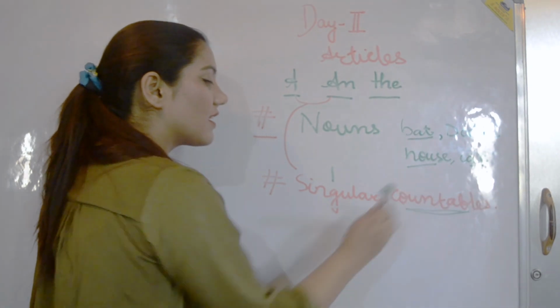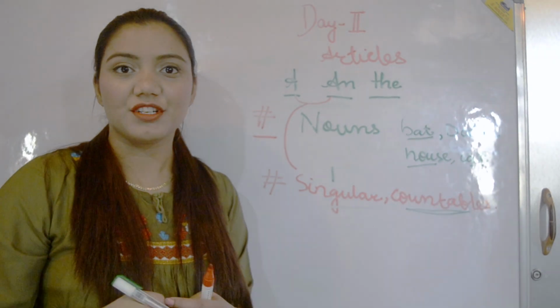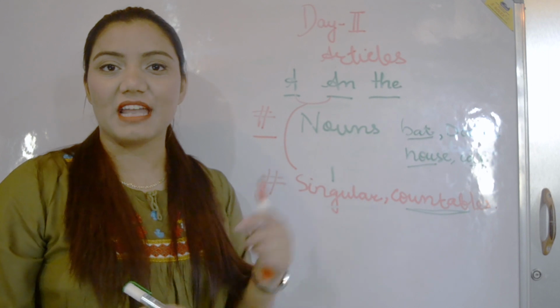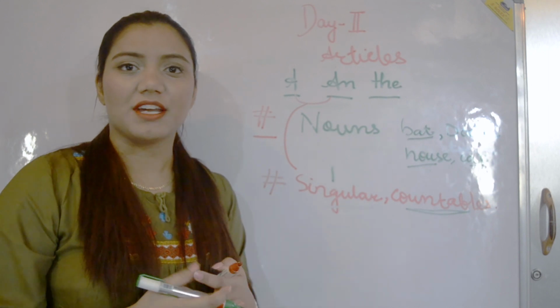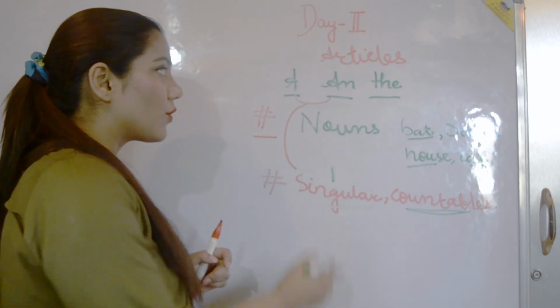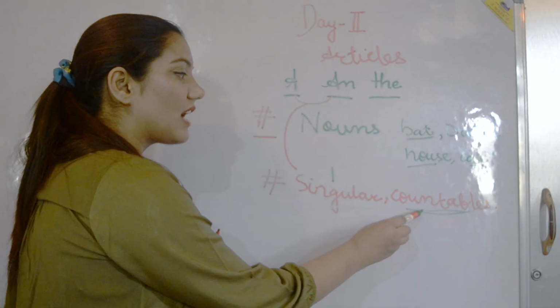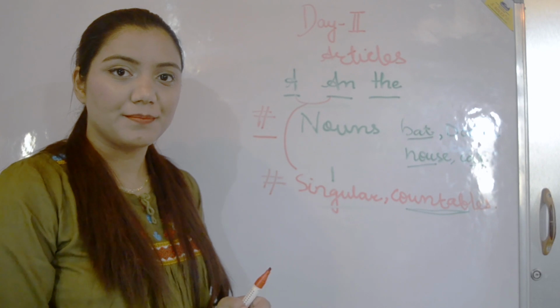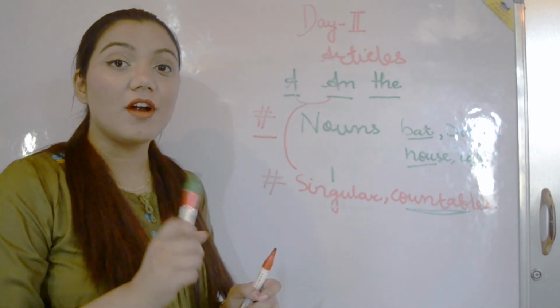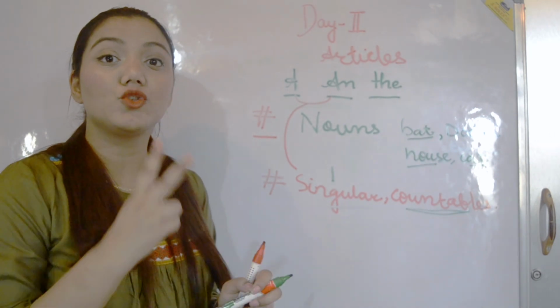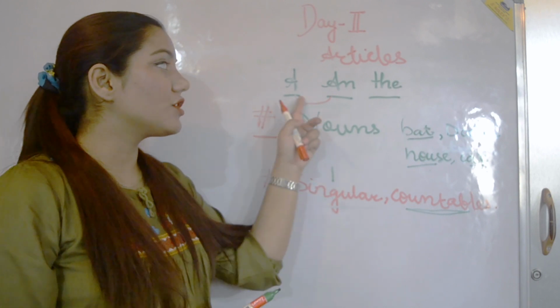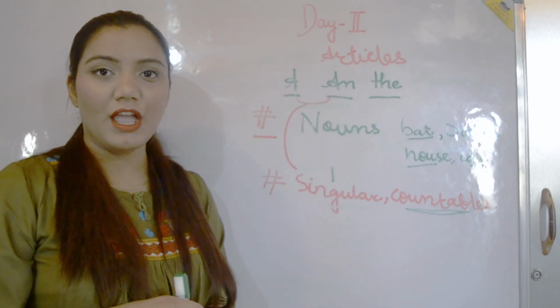Countable, of course, means that can be counted. For example, a coin can be counted, but water cannot be counted. So, a and an are used before singular countable nouns. If we have more than one noun, for example, 2 dogs, then we will not use a or an.